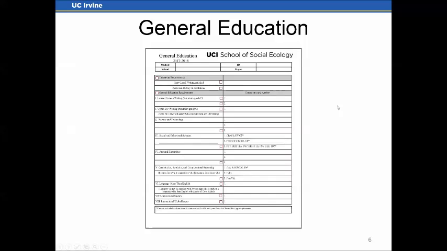This is a form. You can print it out if you'd like. It's helpful for a lot of us, including myself, to write things down. This is just for you to practice, but giving you a good idea, you can check your boxes off as soon as you're done with a component here in GE. You'll see here in category 3, this is just an example now. For you PSB majors here, you'll have to take the PSB 11 ABC series.